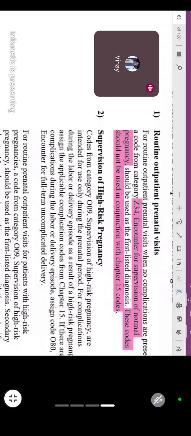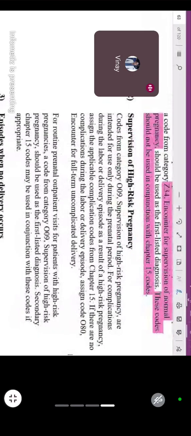Now, what is the supervision of a high risk pregnancy? O09. This is high risk pregnancy. High risk pregnancy is what? If there is a severe complication. Severe complication means if the patient had a history of a miscarriage, or has an elderly age or young age. Okay? If the lady is 45 years old, it is a high risk pregnancy, although she does not have a complication, but it's an elderly age.